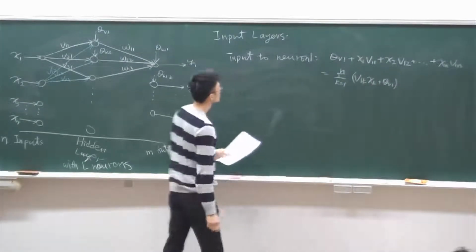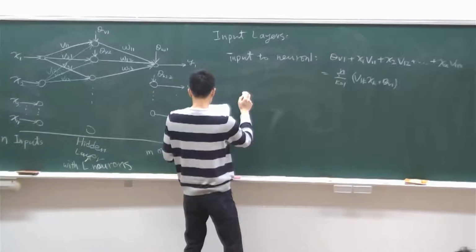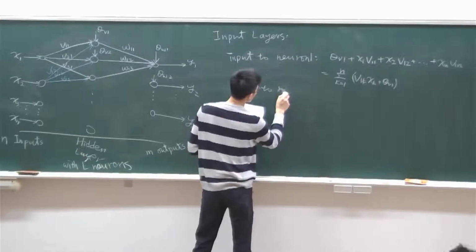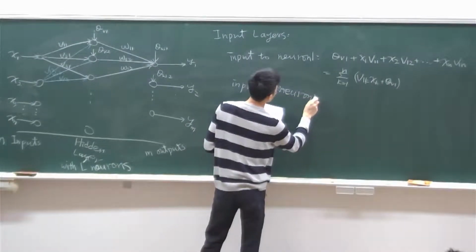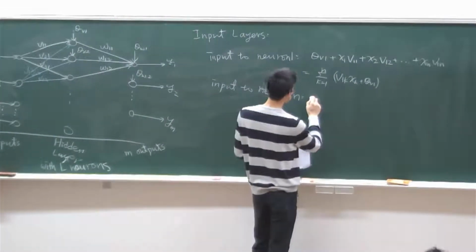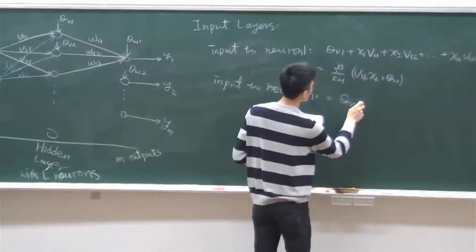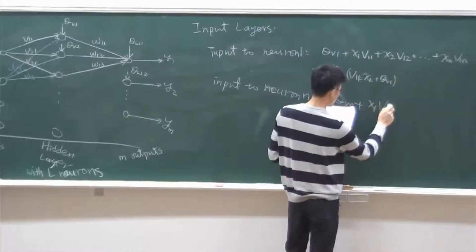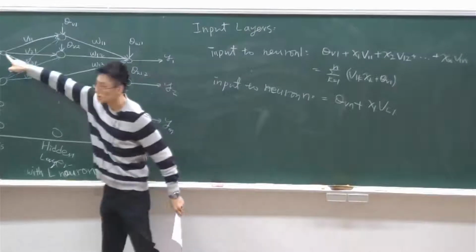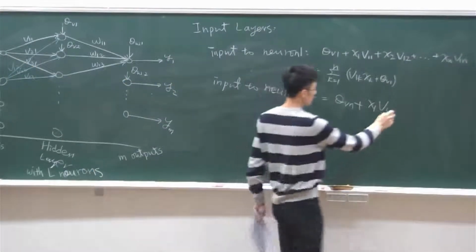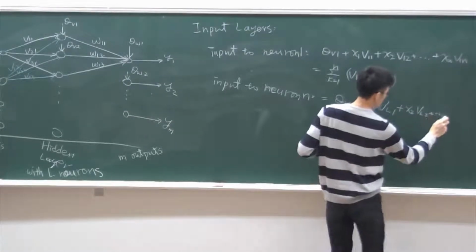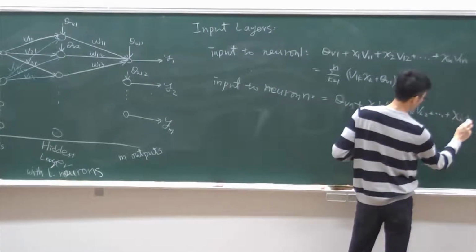The input to neuron L is similar: theta VL plus x1 vL1, which is the weighting from here to here, plus x2 vL2, and so on, plus xn vLn.